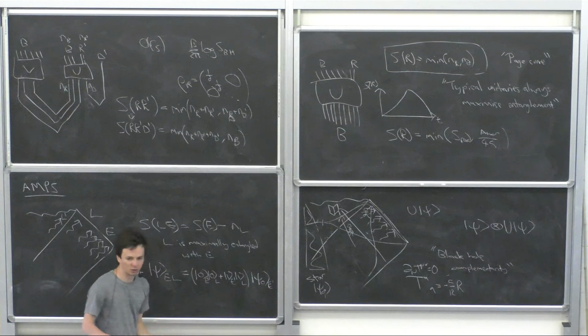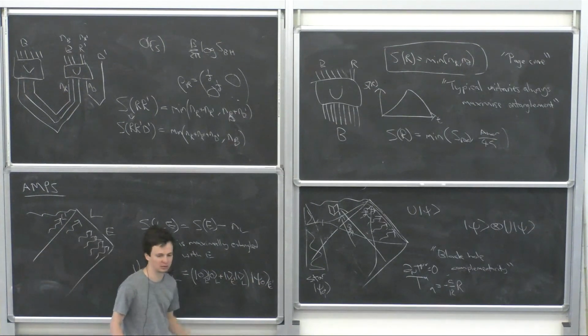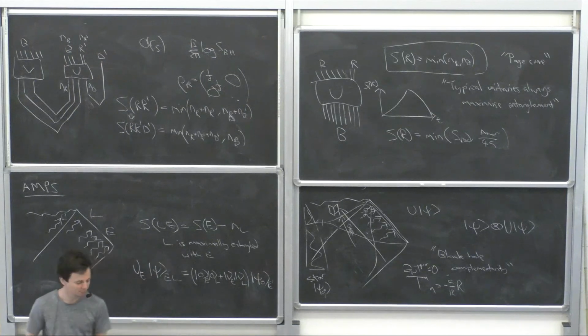Okay, that's something I can always do if I have a maximally entangled state. I'm just distilling out the entanglement into an entangled pair of 2 qubits.